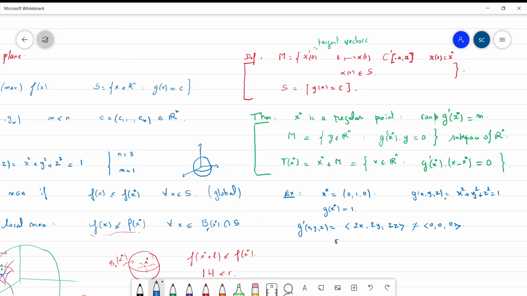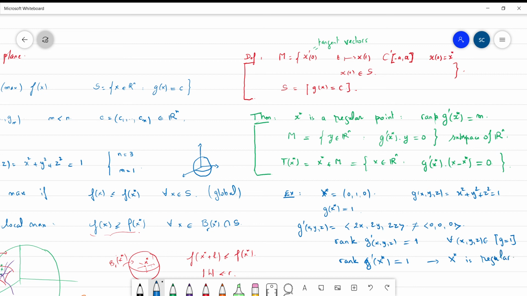So the rank of g prime at any point on the sphere is 1, for any x, y, z belonging to the set g equals 1. In particular, the rank of g prime at x star, with the capital here to make the difference with small x, is 1. So x star is a regular point.